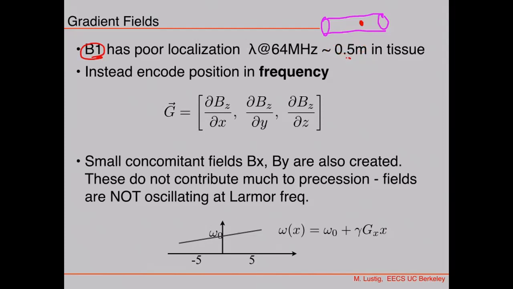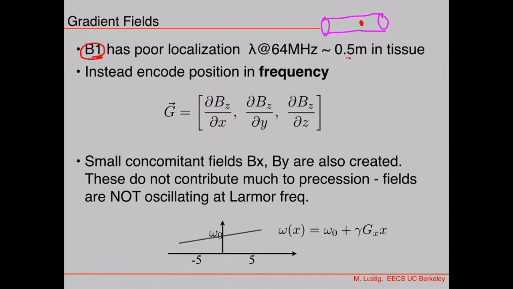Instead, in order to localize the signal, we actually use gradients, right? We talked about that. The gradients create changes in Bz versus the axes. So remember, we're only looking at the change in the magnetic field in the Z direction, but the gradient in X changes that magnetization versus the X direction.